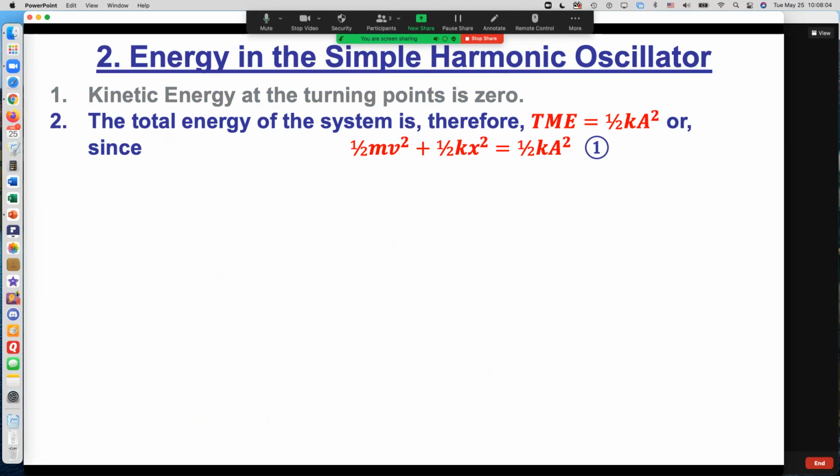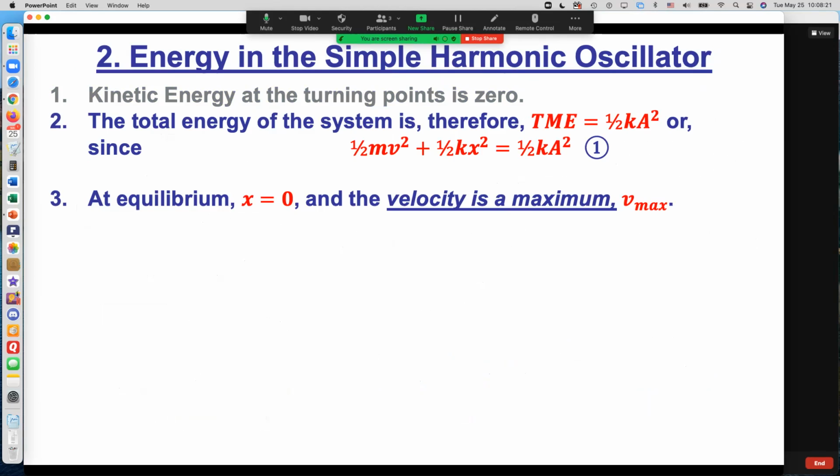So now we've got kinetic energy plus spring potential energy at any point along the path is going to be 1/2 Ka squared, because we know that's the maximum energy of the system.